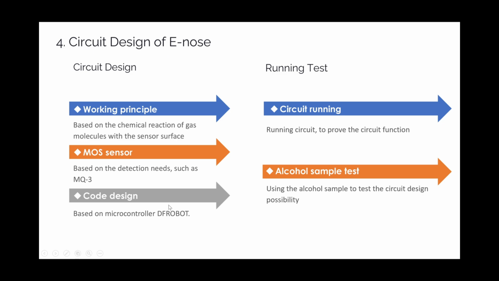Next, we develop the code to control the circuit and ensure it operates as intended. Once both the hardware and software are ready, we conduct operational tests to confirm the system works correctly. Finally, we test the system with real samples to evaluate its performance and make any necessary improvements.